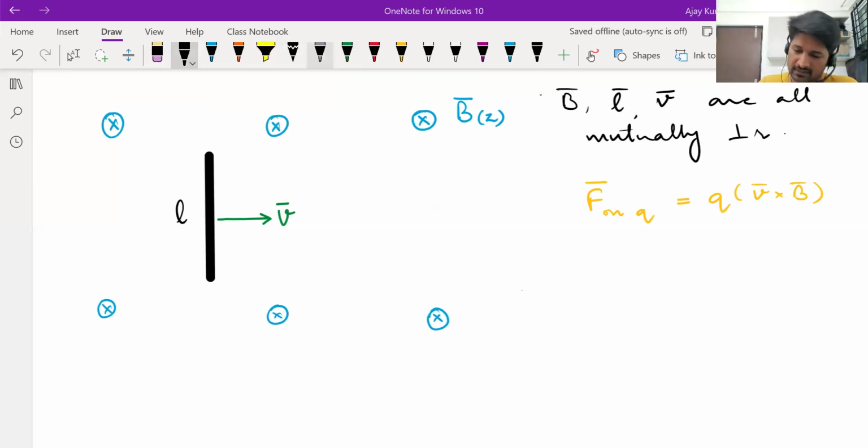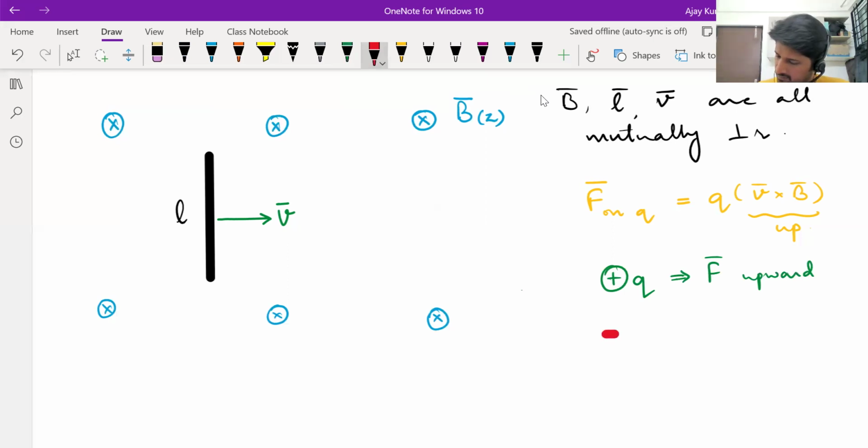Now, V cross B here is upward. So if the charge is positive, the force will be in the upward direction. But if the charge is negative, the force will be in the downward direction.